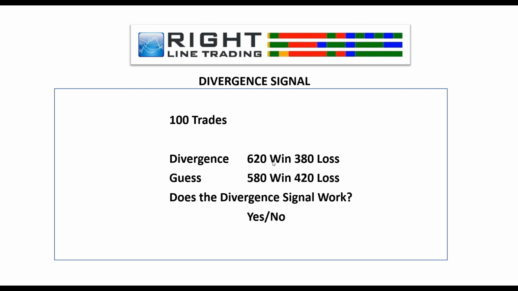Are these additional winners statistically relevant, and does the divergent signal work?